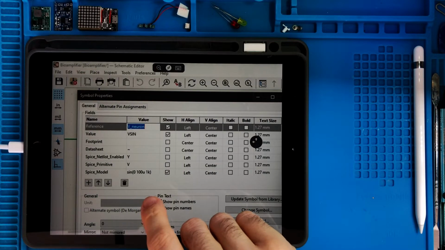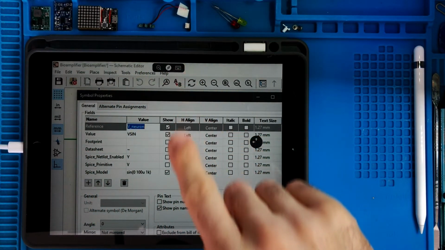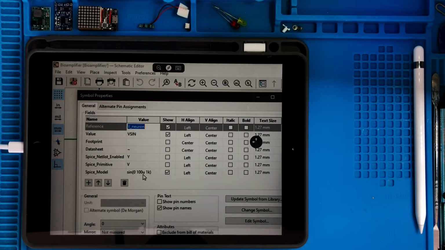This thing is alternating positive and negative with respect to a center line. The amplitude of this signal is 100 microvolts, which is something that we might expect for an extracellular recording, and 1 kilohertz of frequency. So from a signal of 100 microvolts, now we have a signal at the output of about 1 volt. It means that this thing has amplified our input signal a lot, because 100 microvolts is 0.1 millivolts, and we have a volt, so it's something like an amplification of a factor of 10,000.